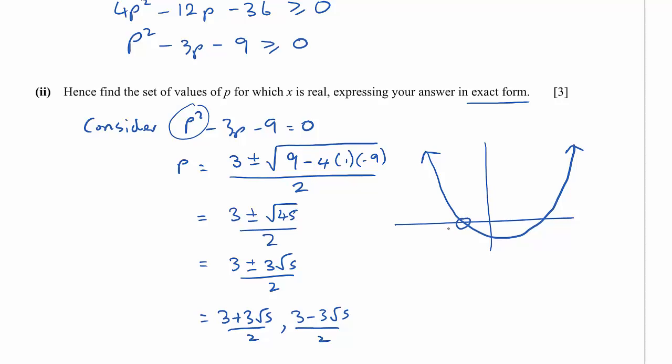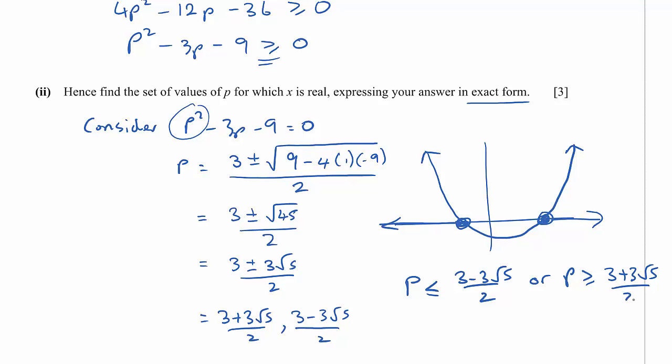So it's going to be positive there that way and there that way, and because this is a greater than or equal to, these will both be included. So we're going to have p is less than or equal to (3 minus 3 root 5) on 2, or p is greater than or equal to (3 plus 3 root 5) on 2.